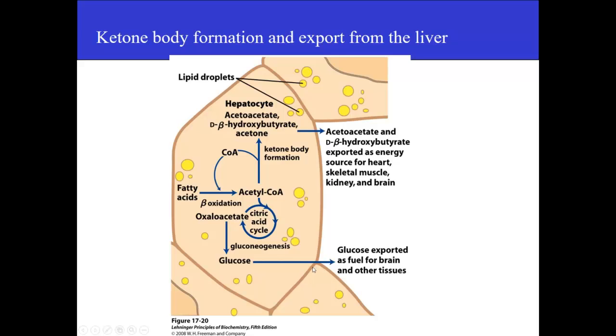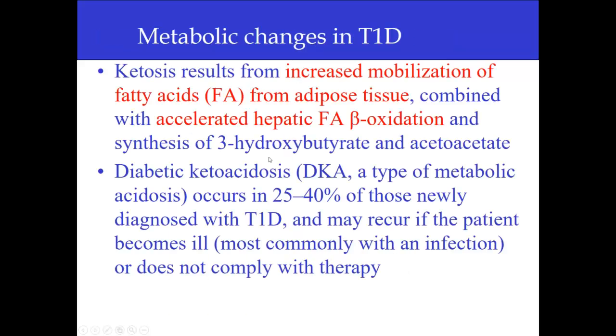And also we have ketone body formation. What are ketone bodies? We have 3 types of ketone bodies in our body: acetoacetate, beta hydroxybutyrate, and acetone. We will talk in detail about how these ketone bodies are formed in diabetes. Ketoacidosis or ketosis will result from increased mobilization of fatty acids from adipose tissue.